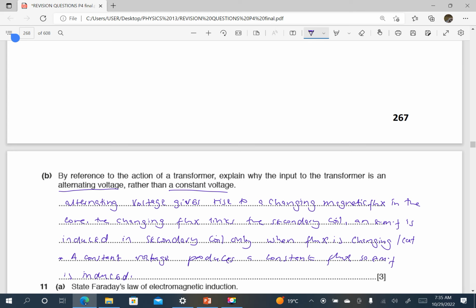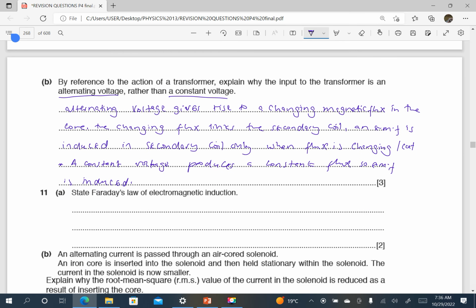That's why we use alternating voltage, because alternating gives rise to a changing magnetic flux, which links the secondary coil, and by Faraday's law, an EMF is induced. But if it is a constant voltage, it will produce a constant flux, and when there is a constant flux, there is no induced EMF.